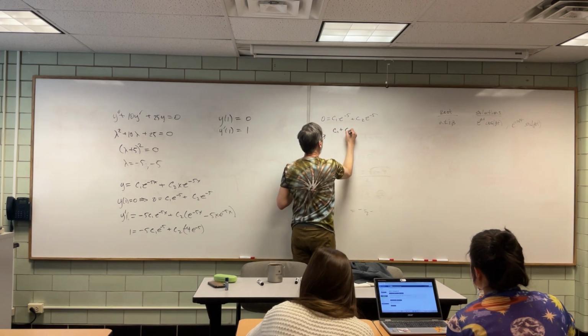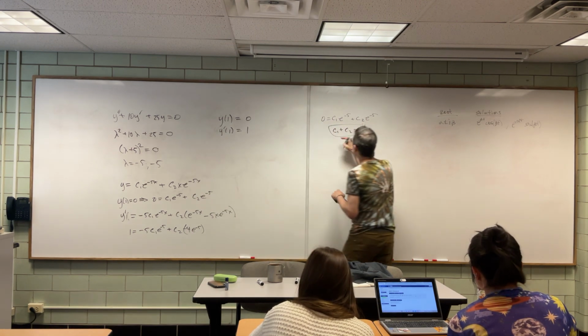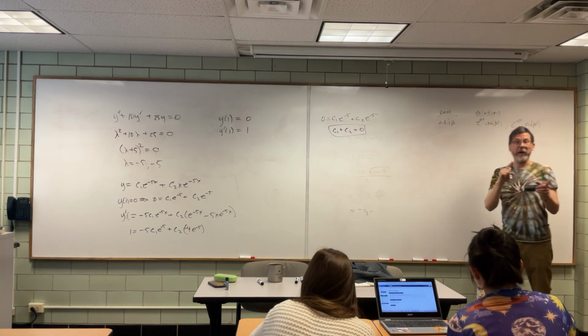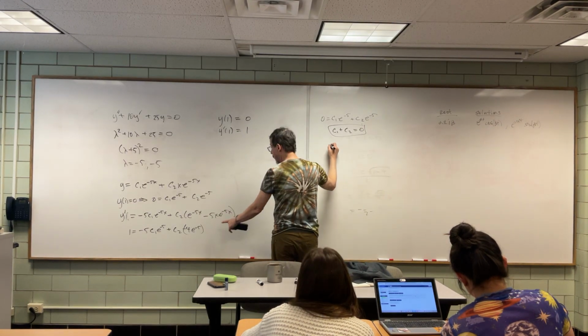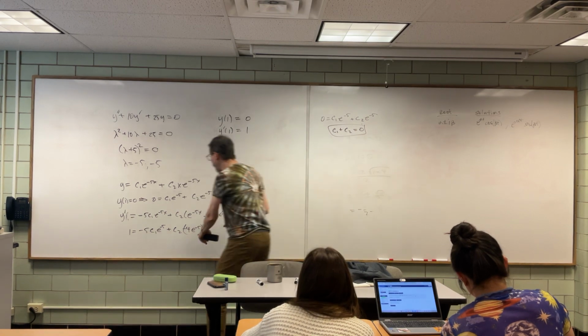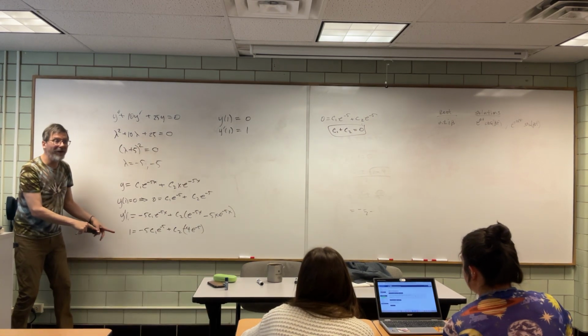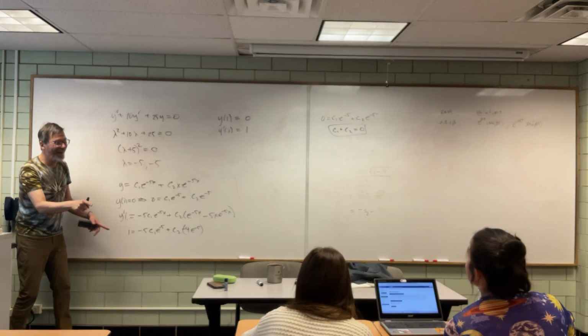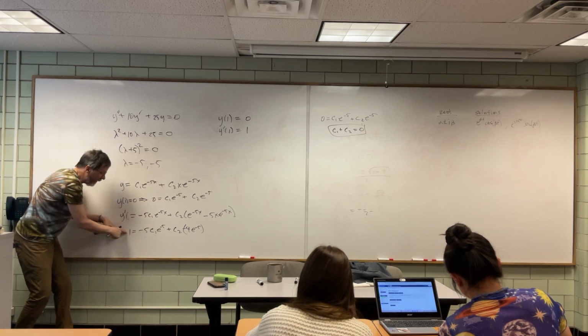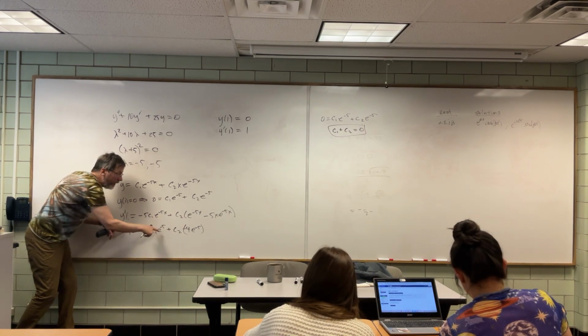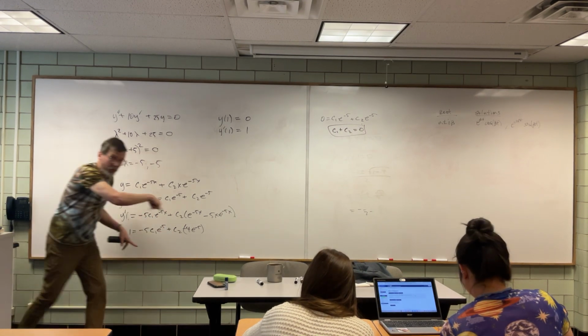So literally this says the same thing as that. So C1 and C2 have to be opposite sign. So we got that. And then this one down here, I'm going to multiply both sides by e to the fifth. That's the thing I think will help. So if I multiply both sides by e to the fifth, I get an e to the fifth here, and then these nasty buggers go away on the right.